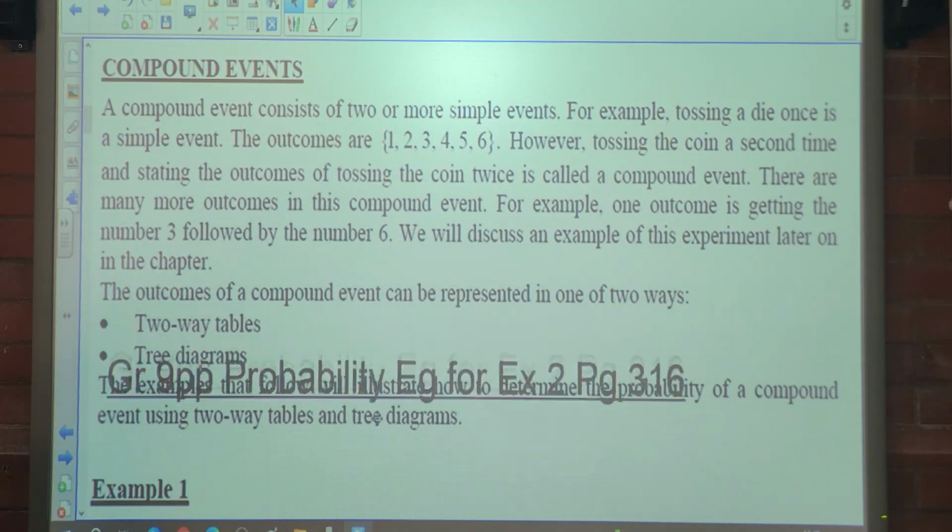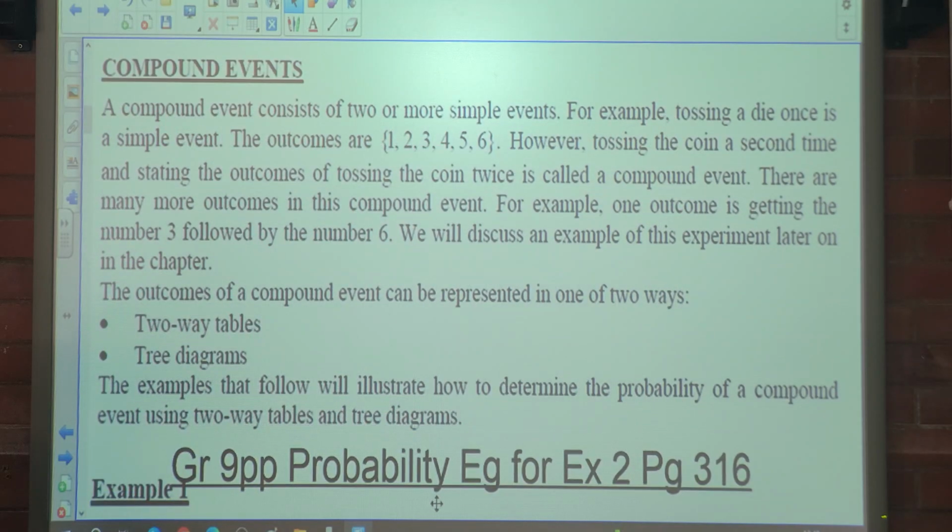Okay? So today we're going to look at compound events. A compound event consists of 2 or more simple events. For example, tossing a die once is a simple event. The outcomes are 1, 2, 3, 4, 5, and 6.